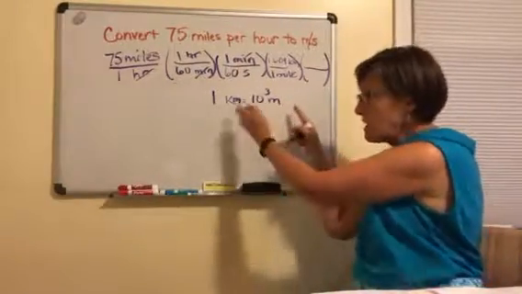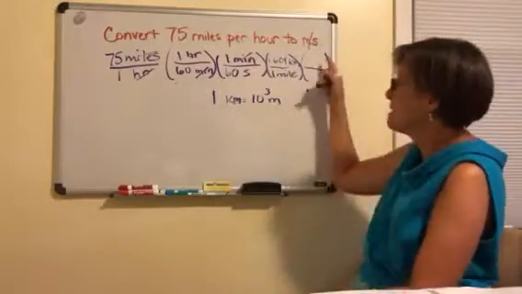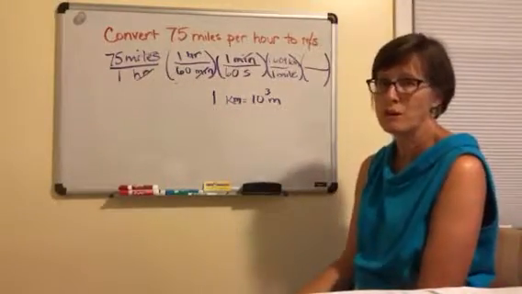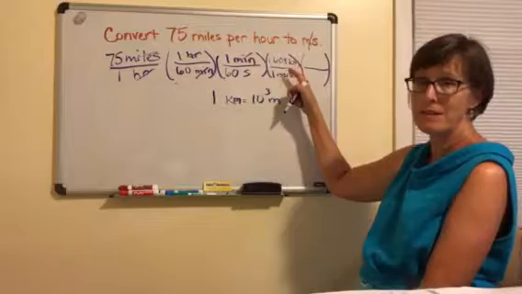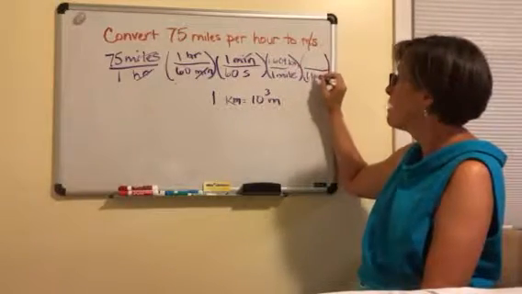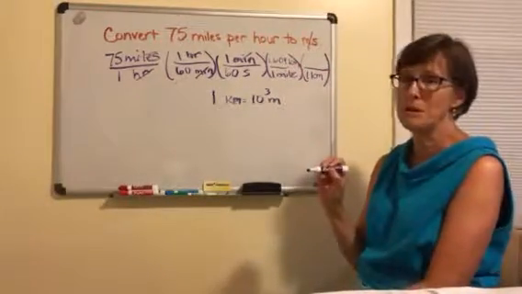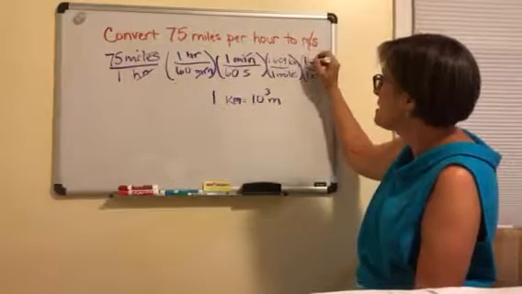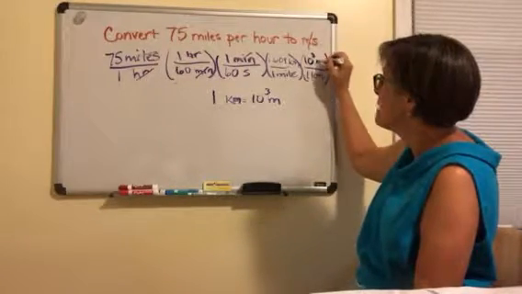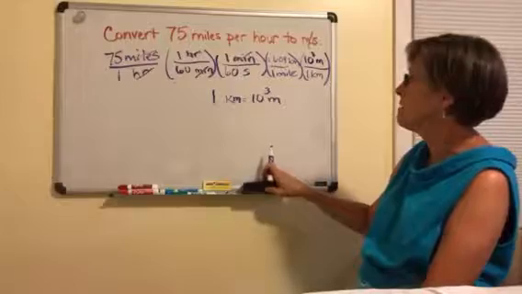And then we're just going to take the pieces of this equality and put them into a conversion factor so that our units cancel. We've got to cancel kilometers. So 1 kilometer will be in the denominator of this, and 10 to the third meters will be the numerator.